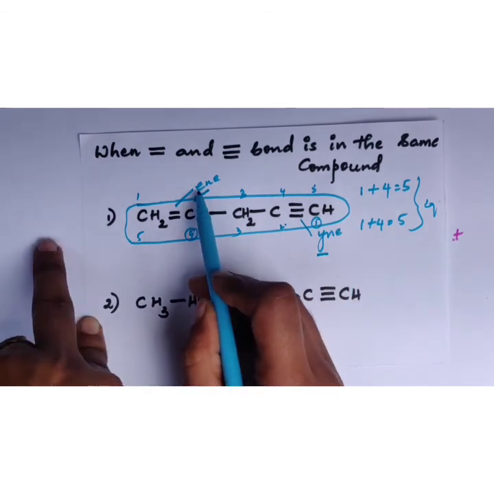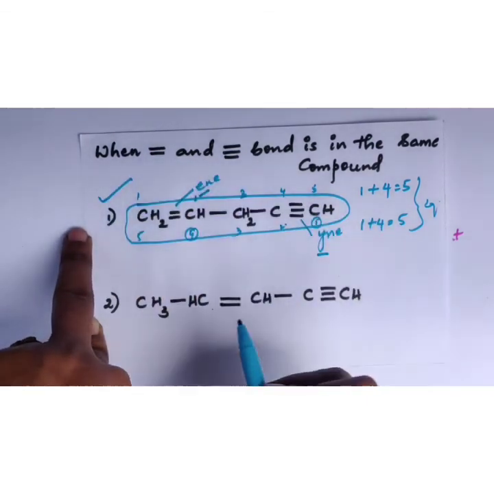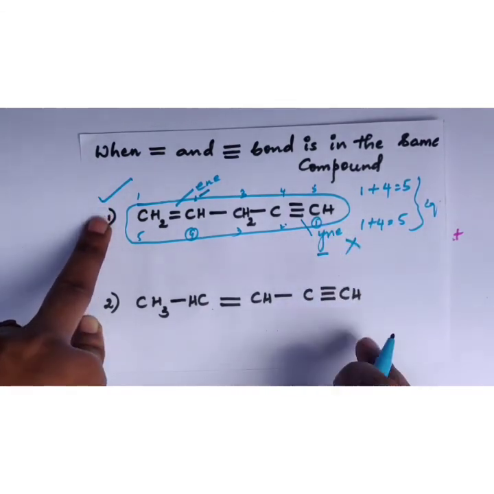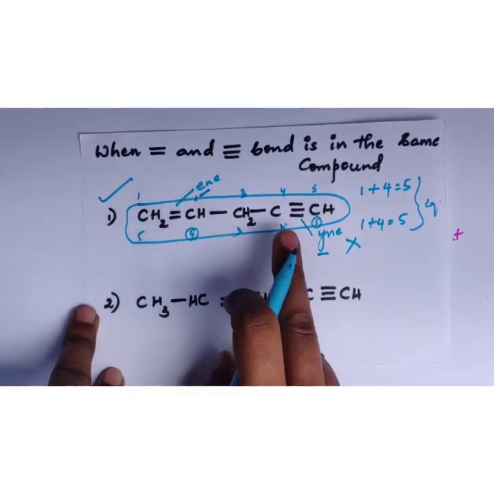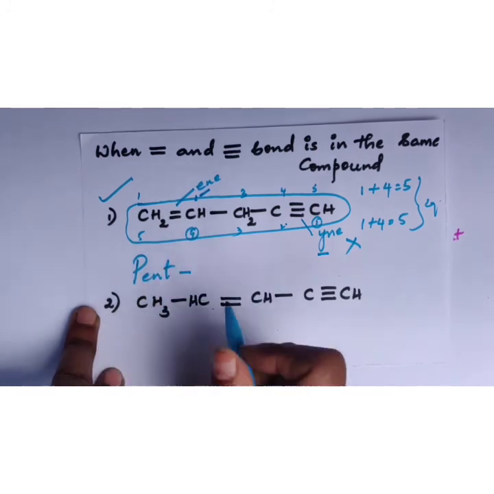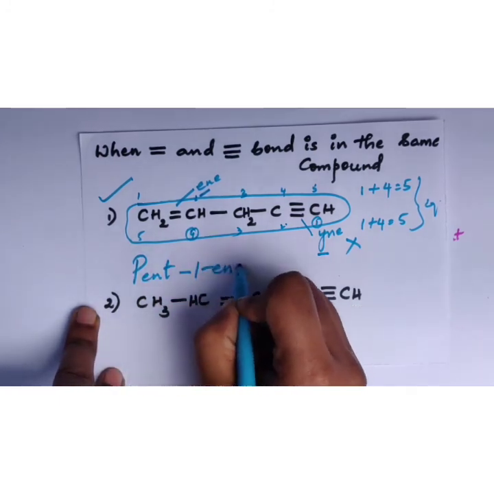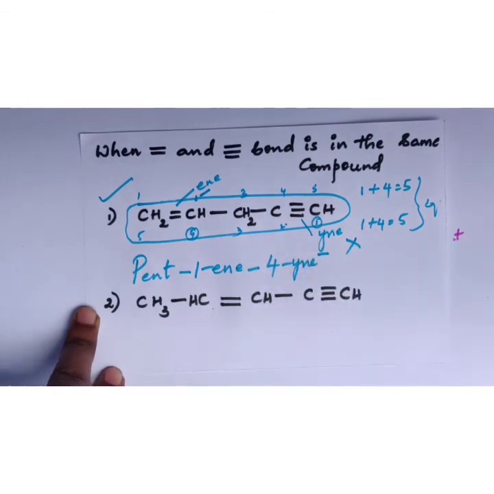That means this double bond, E, gets the preference. So you're going to number it from this side, not from this side. And the naming also will be according to the alphabetical order. That means E gets the first preference, next Y. That means pent-1-en-4-yne.